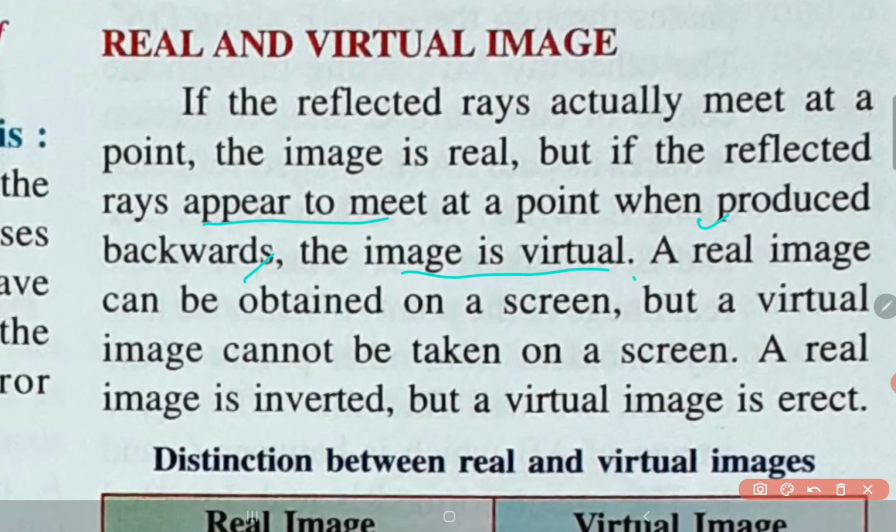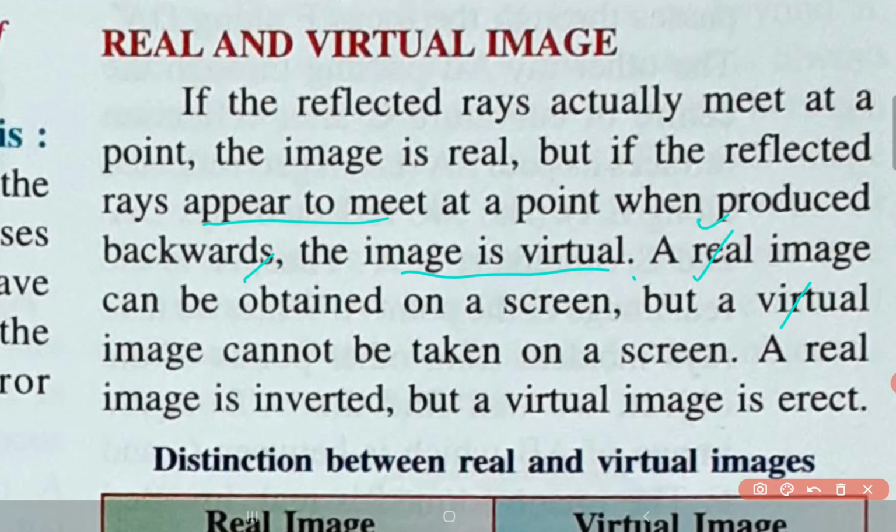A real image can be obtained on a screen, but a virtual image cannot be obtained on the screen. For example, when you see your image in the mirror, that is your virtual image. But if you see a movie on a screen with the help of a projector, like your smart board, the white part where the projector's rays fall, that will create a real image.